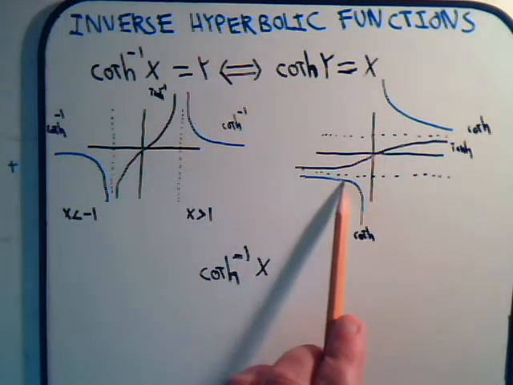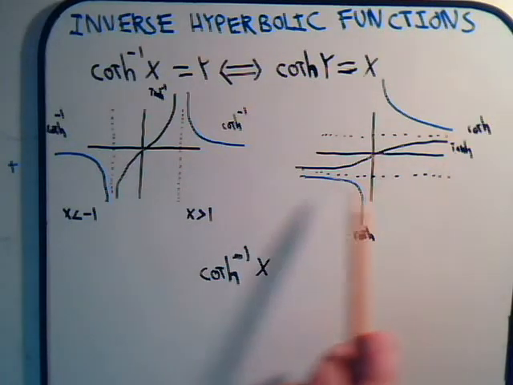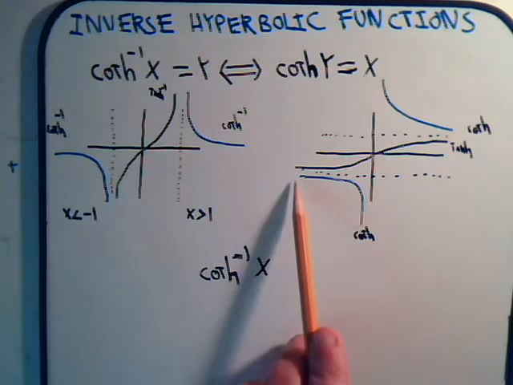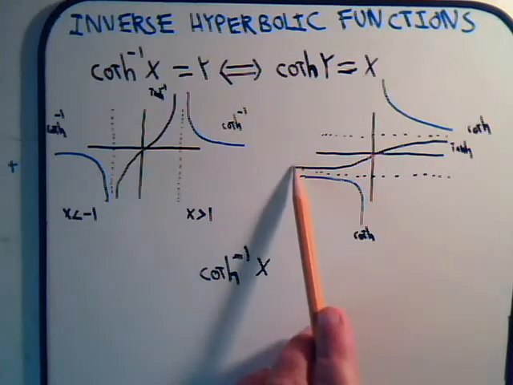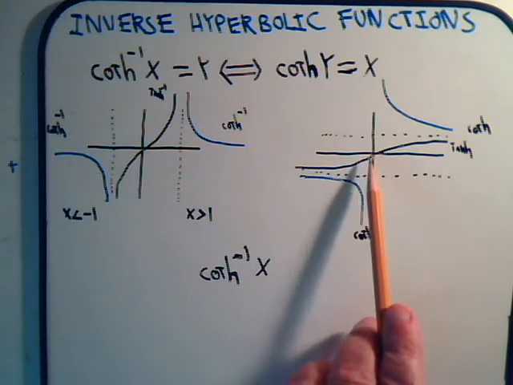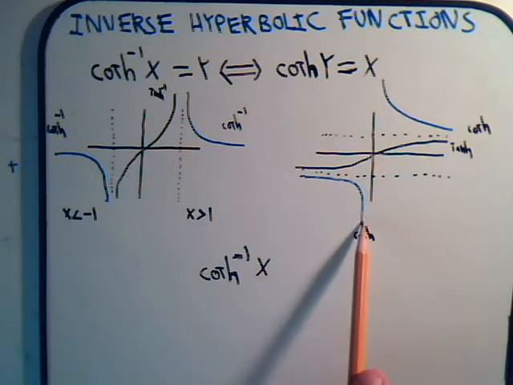Now over here, the hyperbolic tangent has its minimum value of negative 1, and the reciprocal of that is negative 1. And then as this gets less and less negative and starts to approach 0, the reciprocal is going to get more and more negative and approach negative infinity.